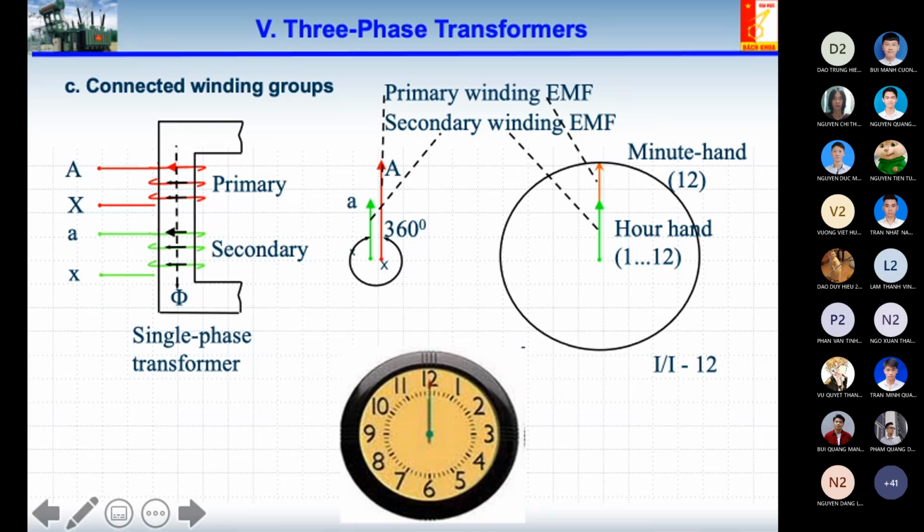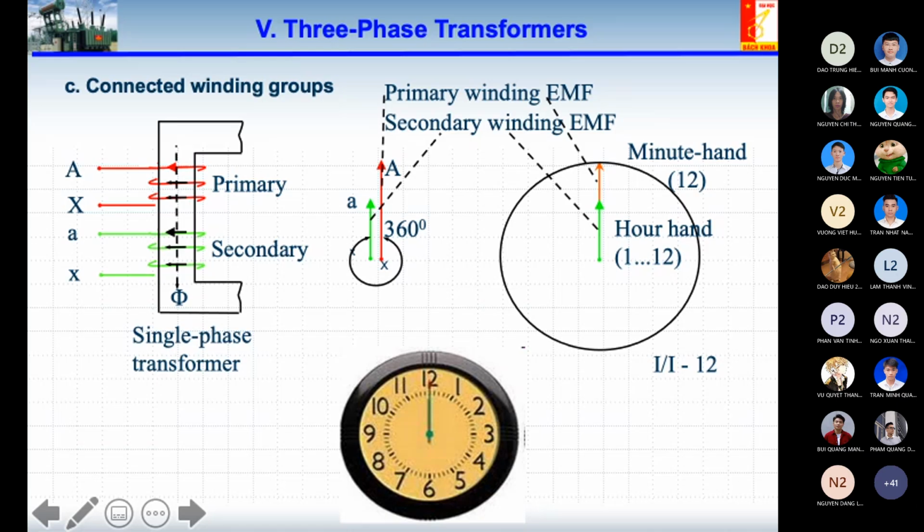We fix AX, and then we can draw the electromagnetic force of the secondary winding according to the primary winding. How do we define the direction of the secondary one? You can see the direction of the current flowing in the primary winding like this, and here we can see the same direction, and for that we get the same direction of electromagnetic force.